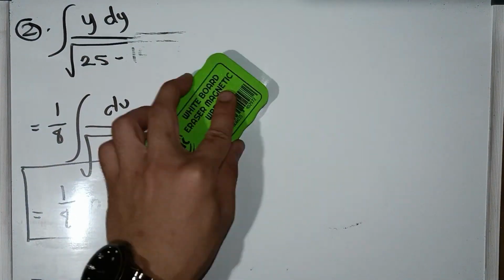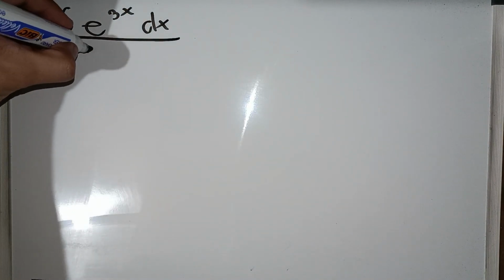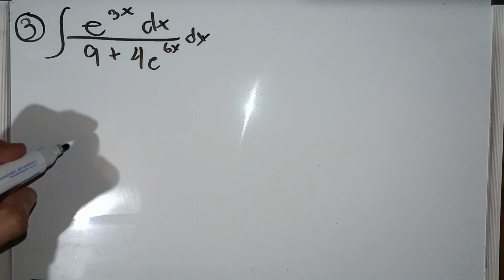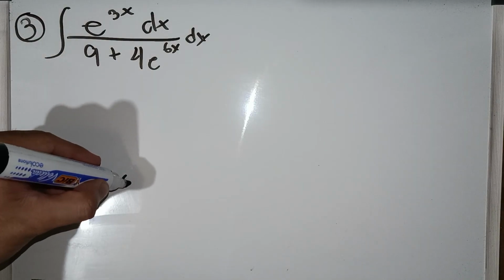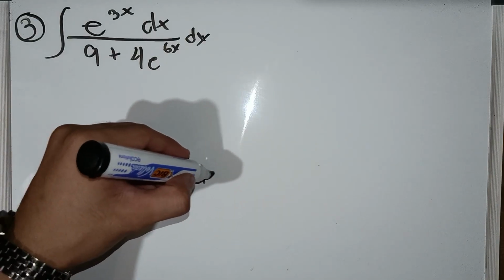To assess your understanding, let's add some difficulty in our problem number 3. The integral of e raised to 3x dx over 9 plus 4e raised to 6x. To solve this, let's use the formula 1 over a arctan of u over a plus c.